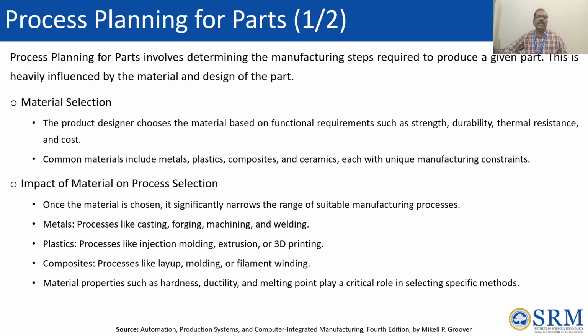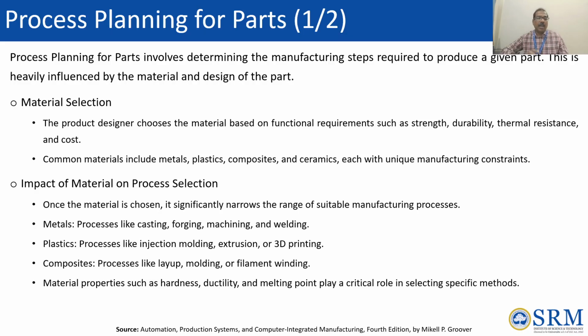In that case we should not go for a heavy duty turning machine, and we need a different process selection for plastic. For plastics we may go for injection molding, extrusion, or 3D printing. But for metals we go for casting, forging, machining, or welding if metal joining is needed.